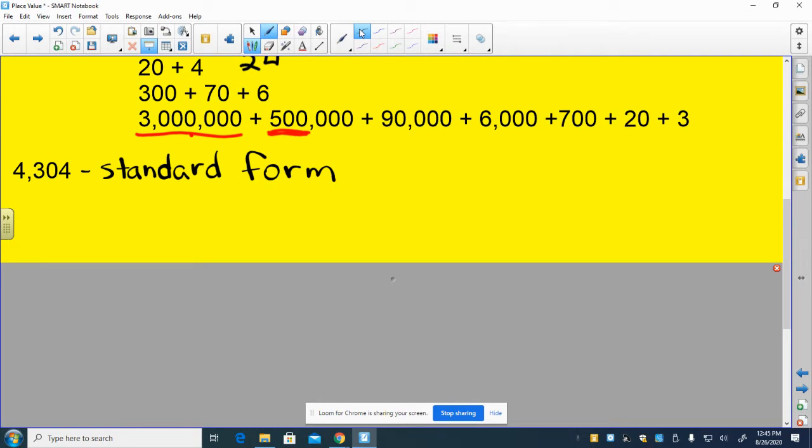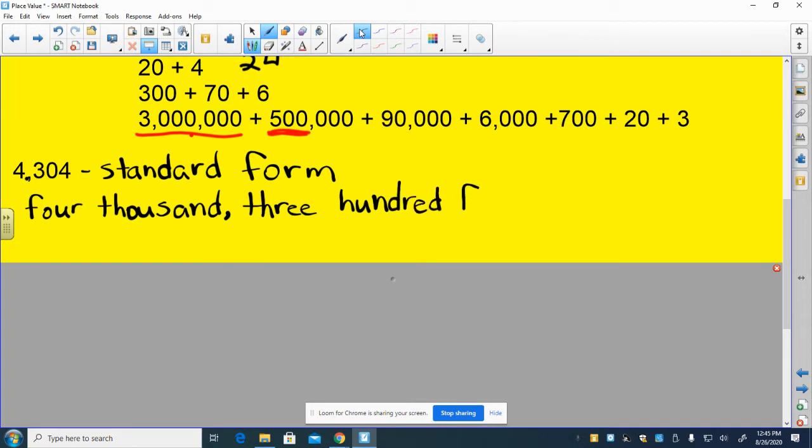So I have a 4 on 1000th Street, so that would be 4,000, and I have a comma, so I'll put my comma. Then I have 304, so 4,000, 304.